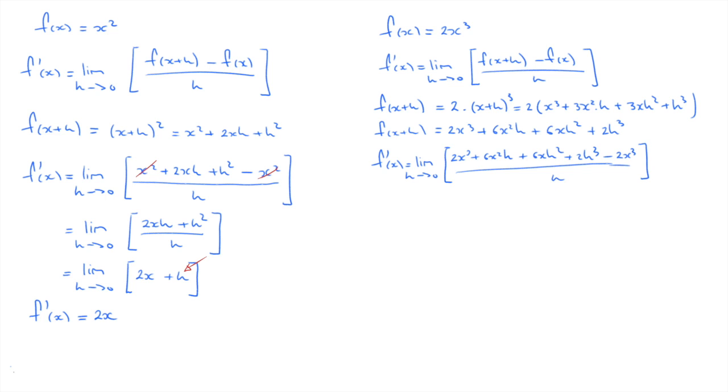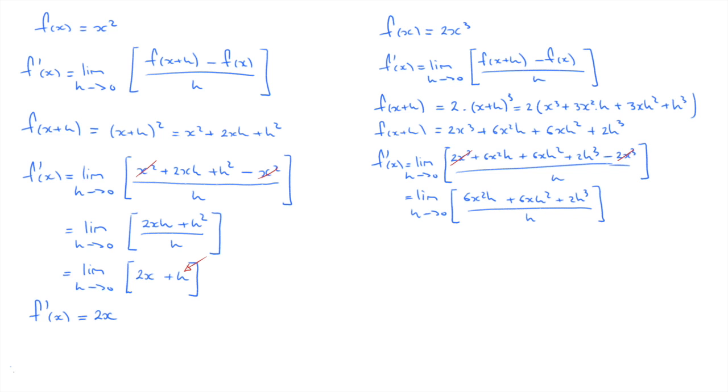We can see that the 2x cubeds cancel out, and so we're left with the limit as h tends towards 0 of (6x squared h plus 6xh squared plus 2h cubed) over h.